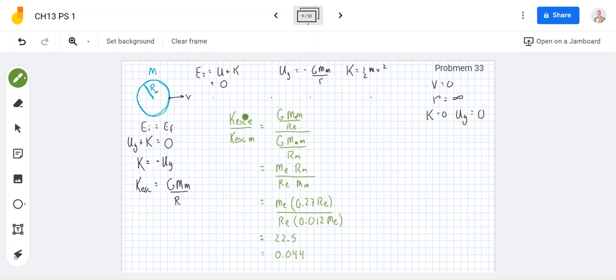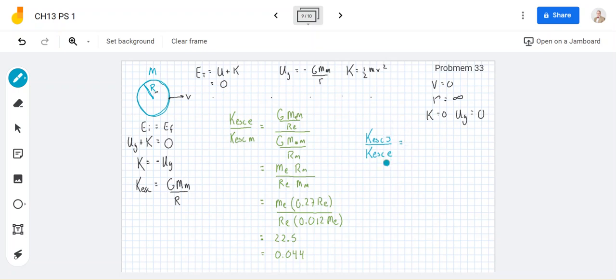And now we're going to do the same for Jupiter. Now, the thing is that I did it this way so we'd have a number bigger than 1, so we understand it's 22.5 times harder to escape in terms of energy from the Earth than the Moon. So over here, I'm going to do Jupiter. The escape energy for Jupiter, I'm going to divide by the escape energy for Earth.